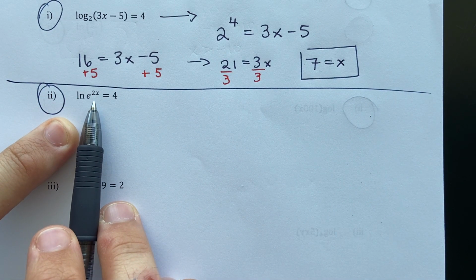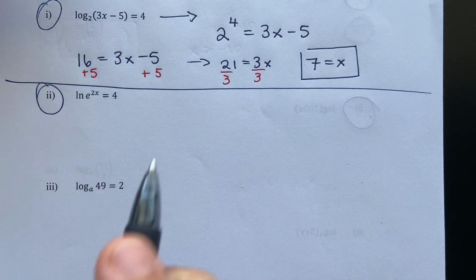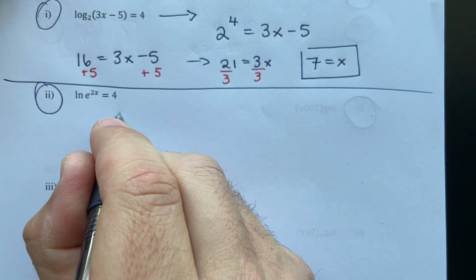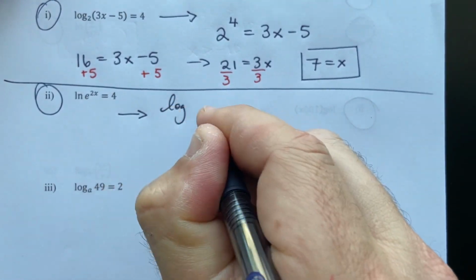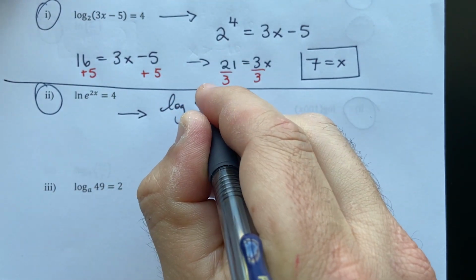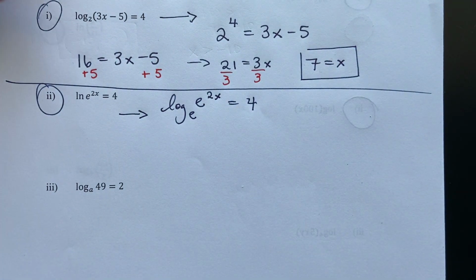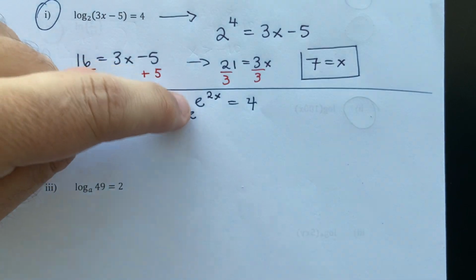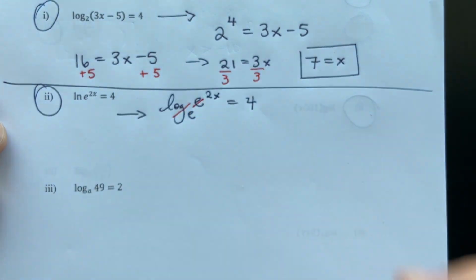ln of e to the 2x equals 4. So one thing you can do is rewrite this as log base e of e to the 2x equals 4. So these actually completely cancel.